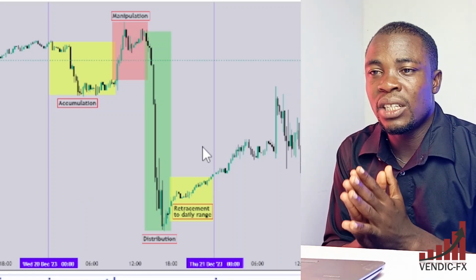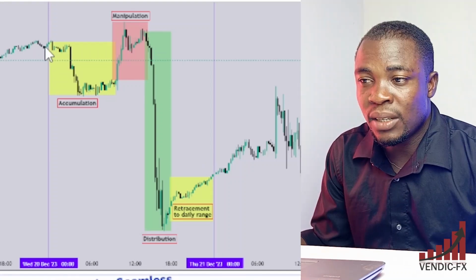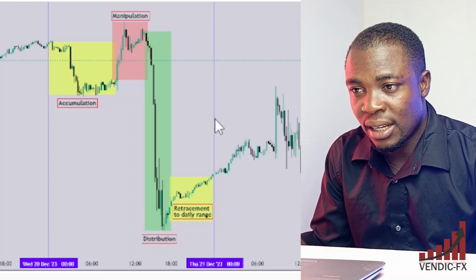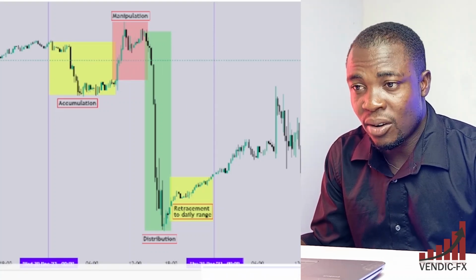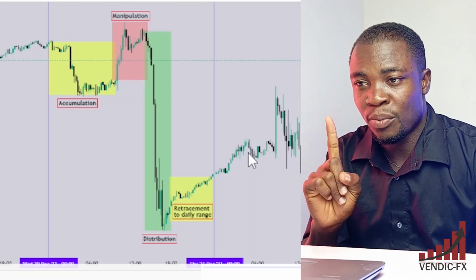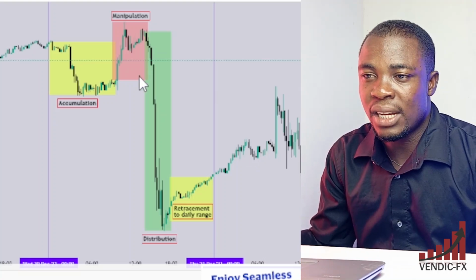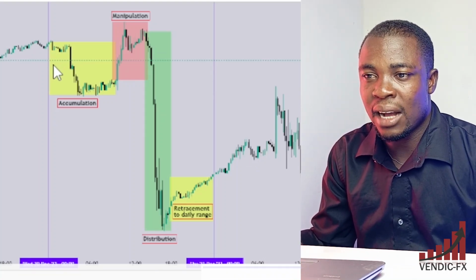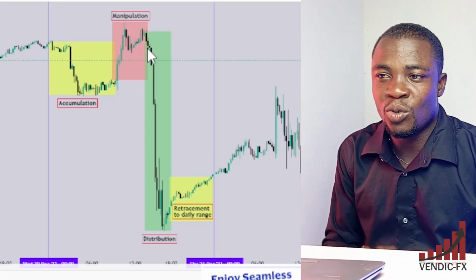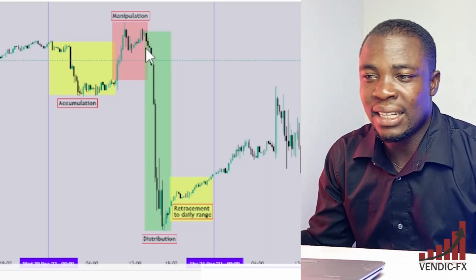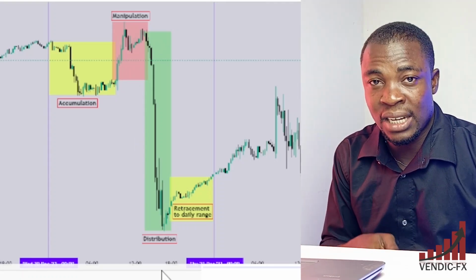If you change your candle into a daily candle, from this vertical line to where there's another vertical line is the entire one candle. If you open inside one candle, you will tend to see something like this: accumulation, then a little manipulation, like the market jerking towards the wrong direction, and then it will expand and distribute towards its original direction.